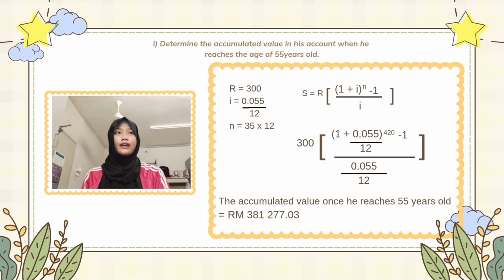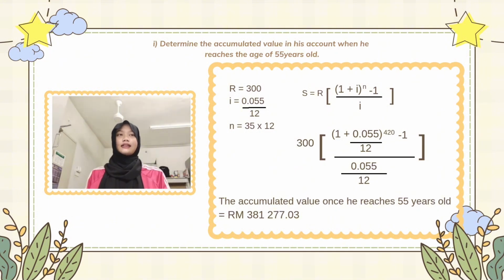Firstly, we need to find R, which is the payments. It is 300 ringgit, and i is 0.055 divided by 12, and then we are going to find n, which is the term of investment, 35 multiplied by 12.